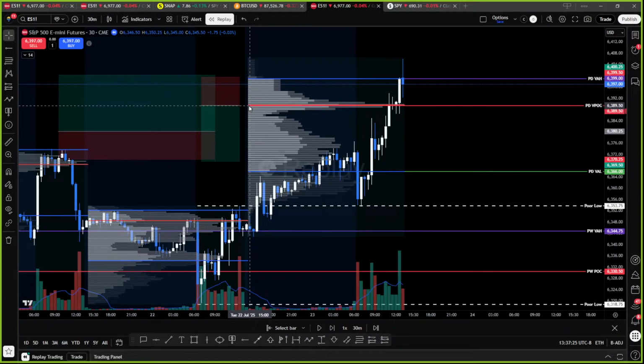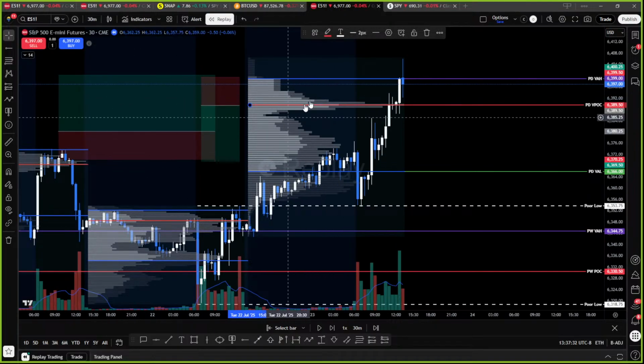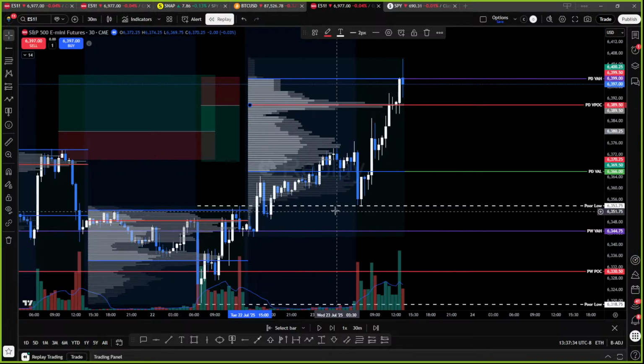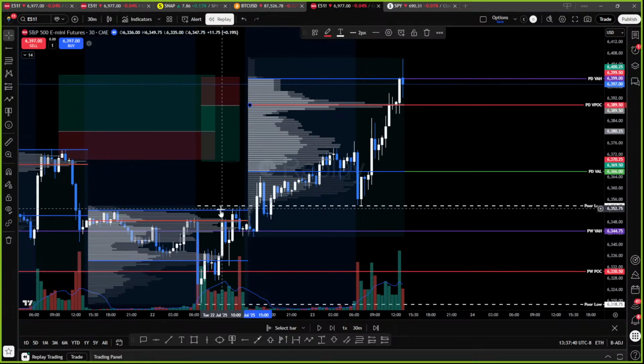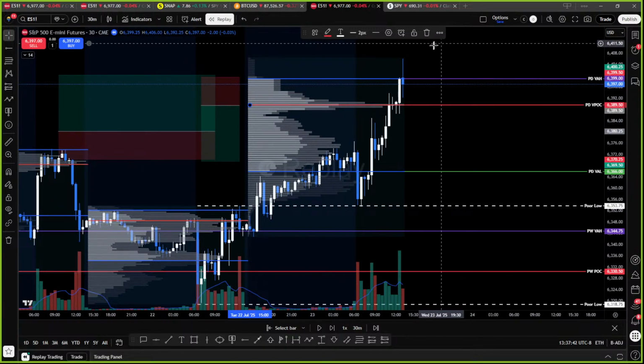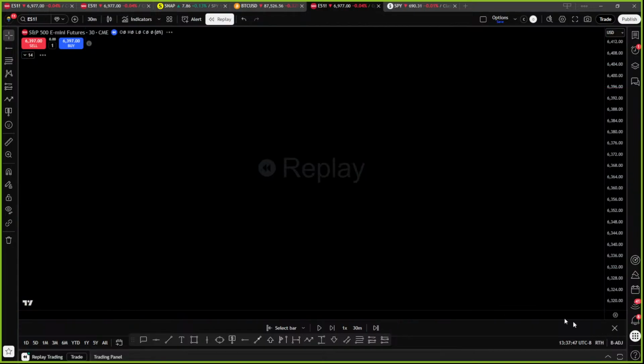So taking trades off of previous day value area low, previous day value area high, or previous week, whatever. We were not using poor highs, poor lows, strong highs, strong lows for areas to close trades, or knowing that they're going to continue higher. Okay.